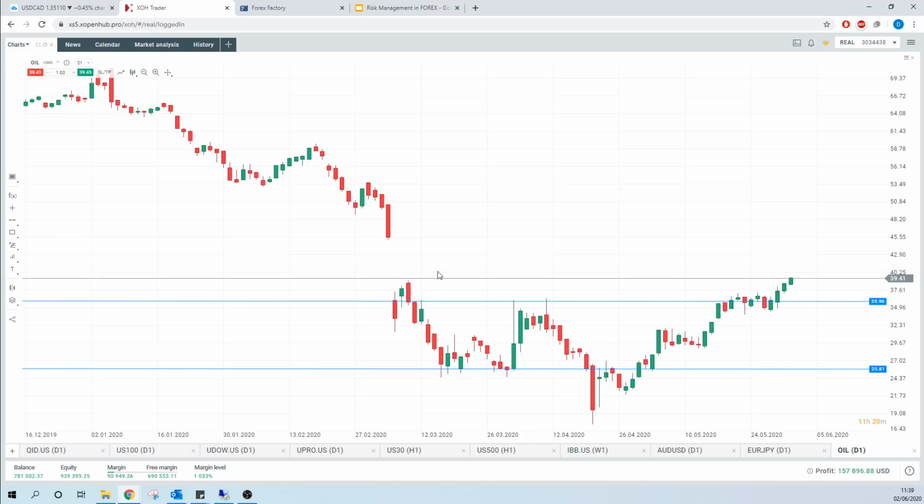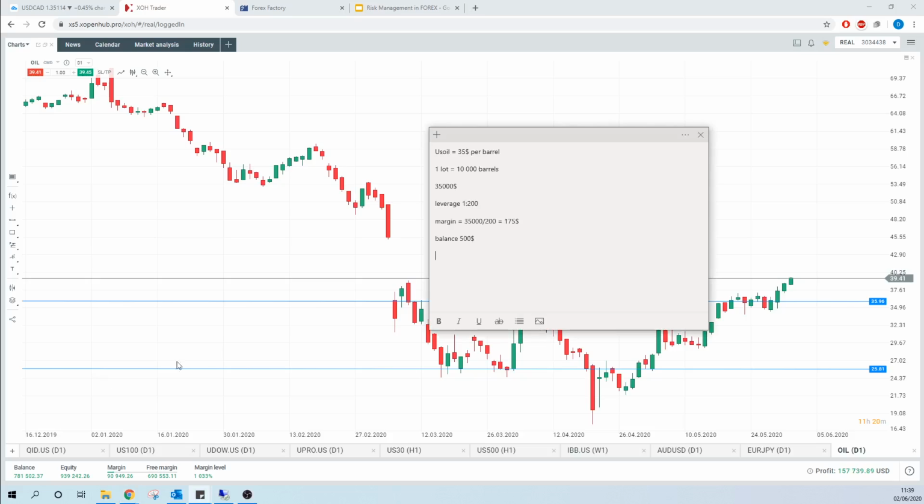So now what does it mean for a CFD trader? It means if 1 barrel of oil is moving $10, let's assume, for instance, I was selling. So for 10,000 barrels it will be how much? $10,000.